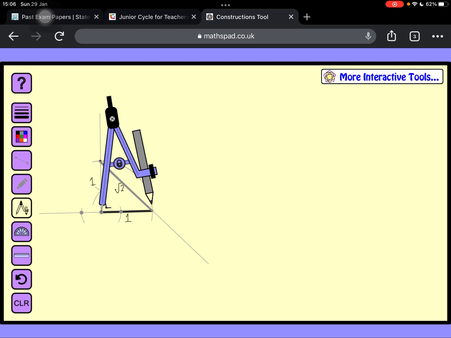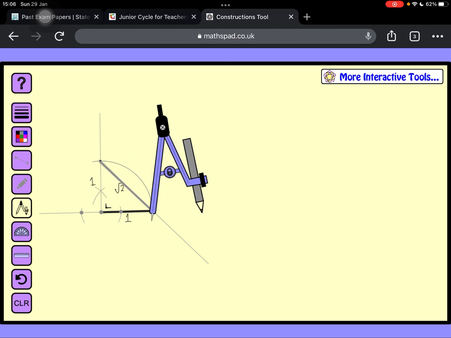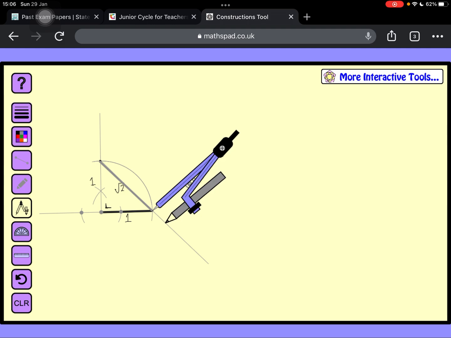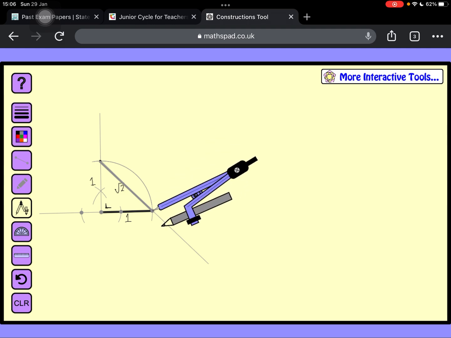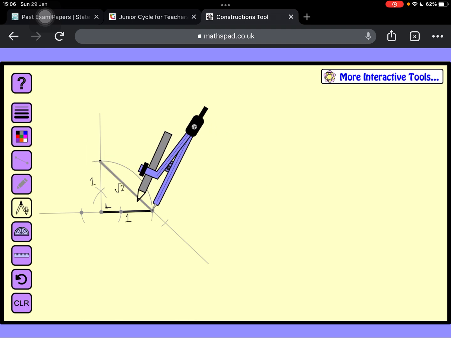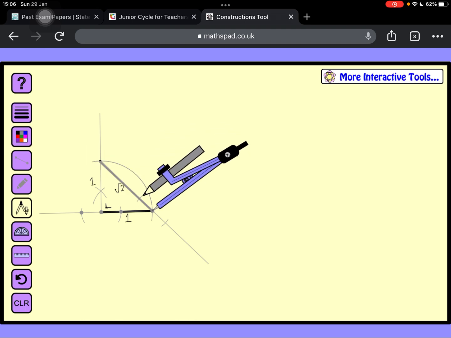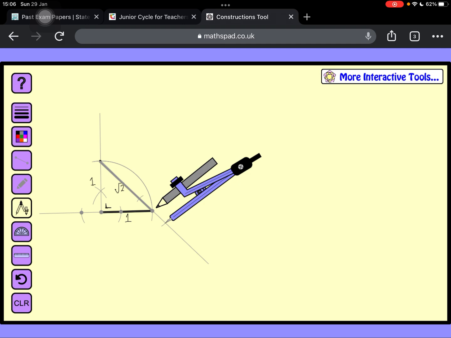So watch the root 2 video first as to why I'm constructing a 90-degree angle like this. Really it's just to show the examiner as much as possible. So I'm drawing my intersection lines here and here. And then I'm going to move the needle to both of those intersection points with a slightly wider compass.